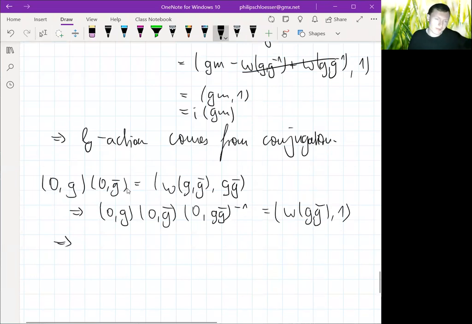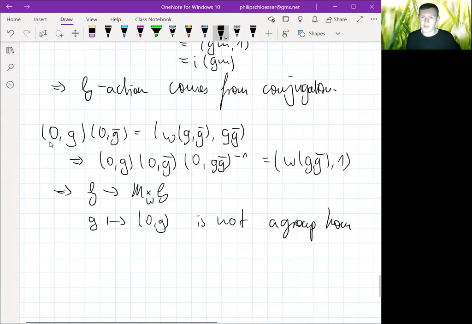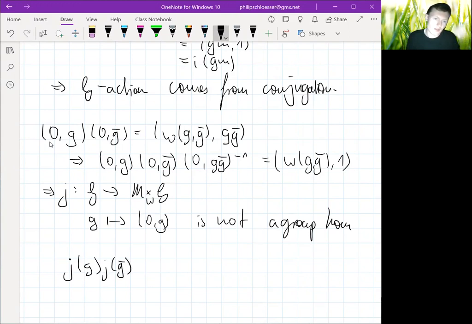In particular, the map G maps to 0g in our cocycle product is not a group homomorphism. And our omega measures how much it fails to be one. So what do we call this map? We call it J. JG prime is not equal to G bar, but it is related to G bar exactly by this cocycle.